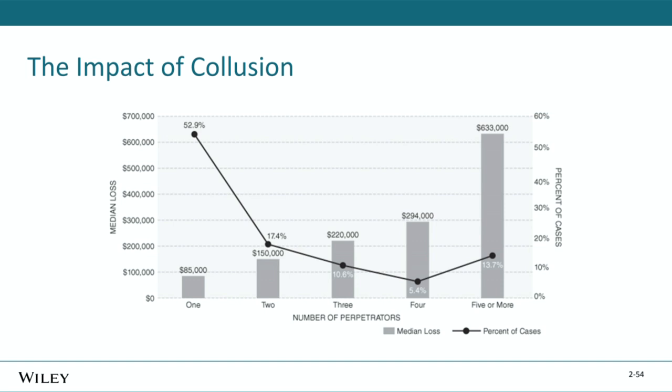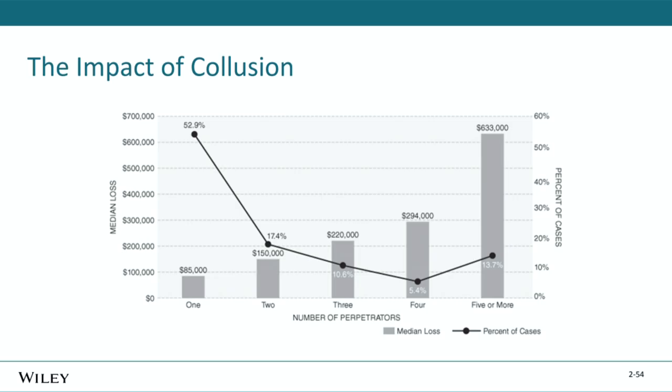So you see, the percentage of cases, almost 53%, over half the cases, is a loner. Median loss only 85,000. Only 17.4% of the cases you have two people, but now you've almost doubled the median loss. Even fewer, 10.6% of the cases have three people, but the median loss is stepped up to 220,000.